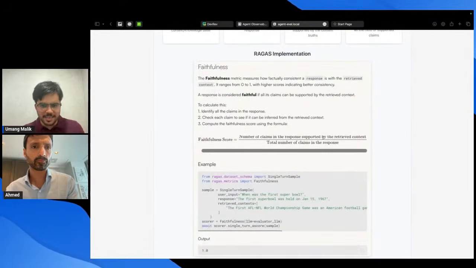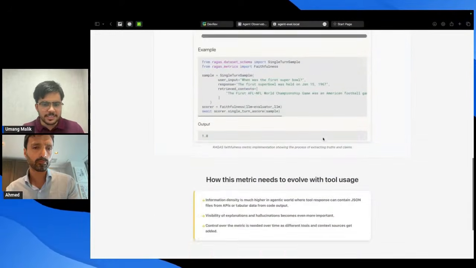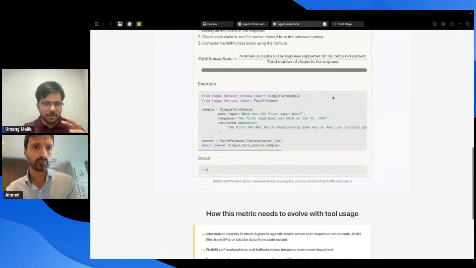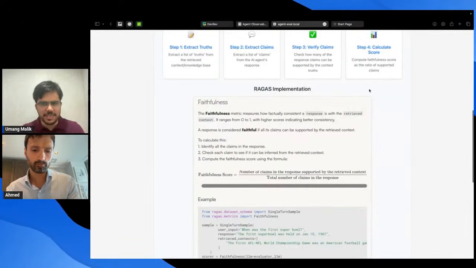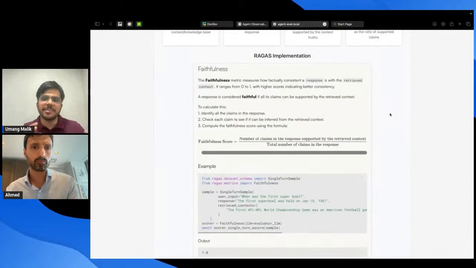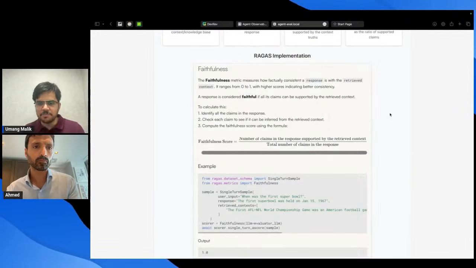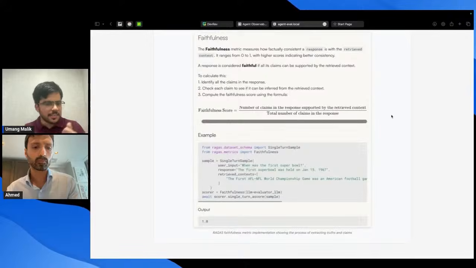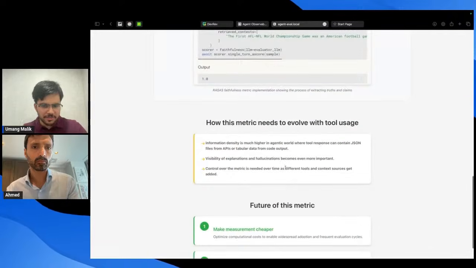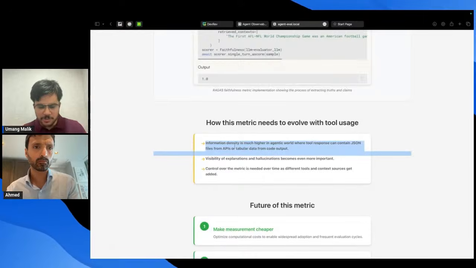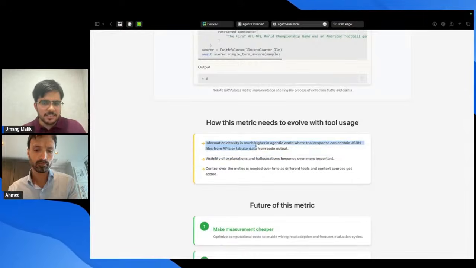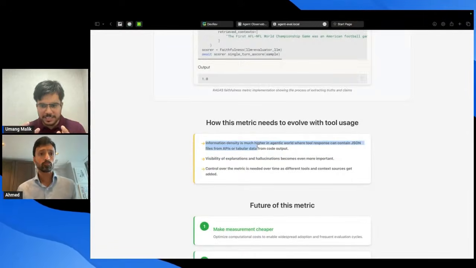So under the hood, Ragas has a prompt which is based on top of whatever methodology we described. And most of the time, this prompt is generic, so it applies to a lot of generic scenarios. But there are other metrics that we'll look at later where this prompt needs a lot of customization because of the type of thing it is doing. And even in the case of Ragas, especially with tool usage, this is our observation, the density of information is much higher.